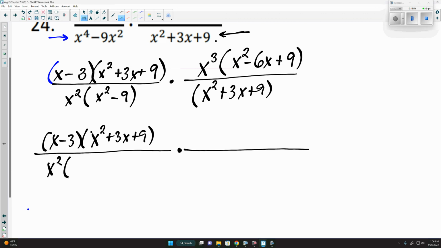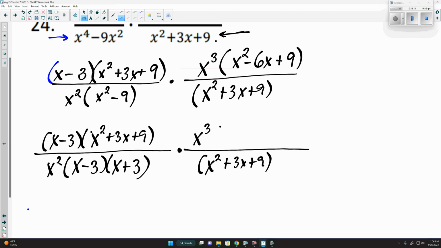So x squared minus 9 will factor to x minus 3 times x plus 3. This denominator is still x squared plus 3x plus 9.